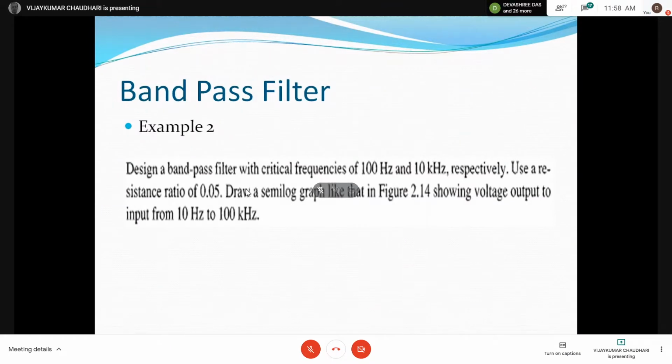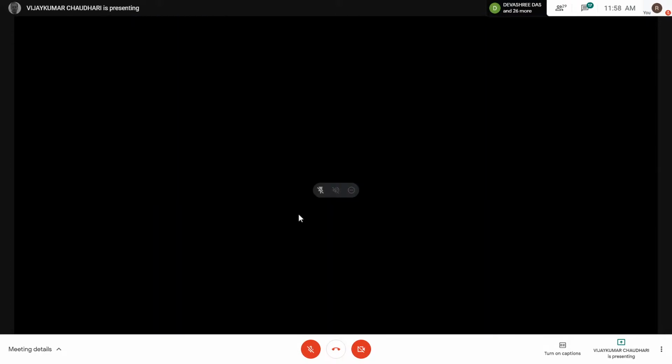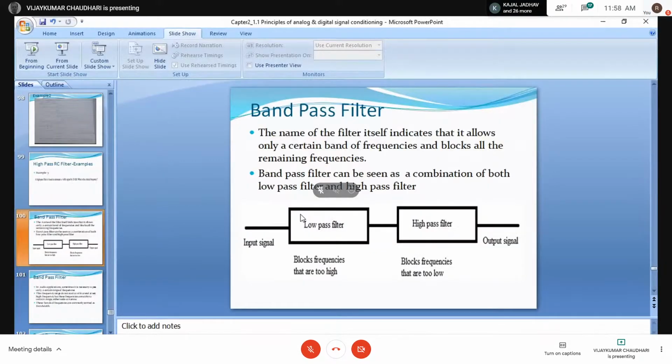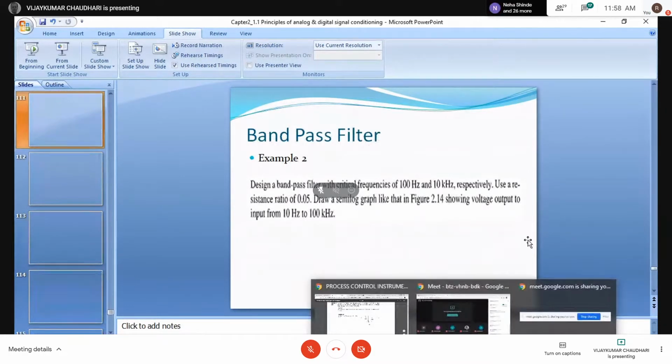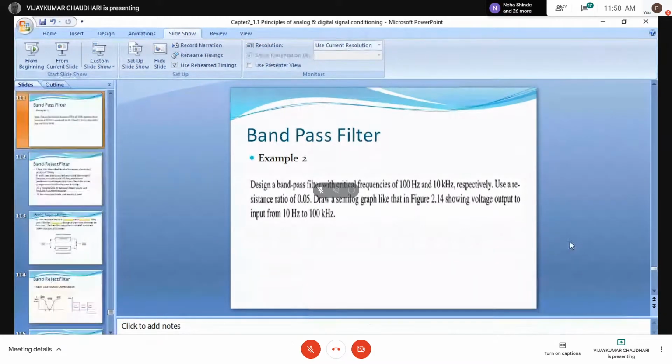I am winding up the lecture. So this PPT I will be sharing with you, right? And then the rest of the part, the design of this and the design of the band reject filter, I am putting it for you as homework. Okay. So in the next lecture we can start operational amplifiers and active filters, right?